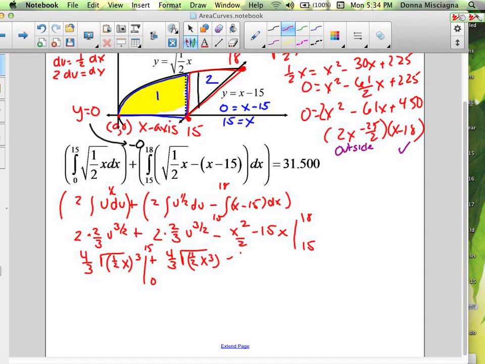All right, and then minus, all of the rest of this is going to be from 15 to 18. So then x squared divided by 2 minus 15x, and that's all evaluated from 15 to 18.